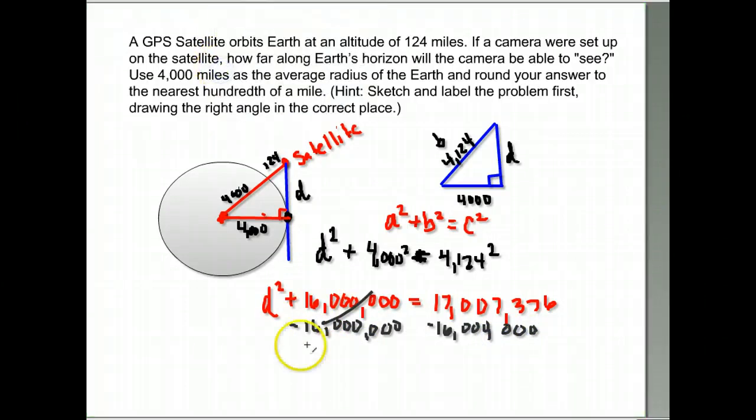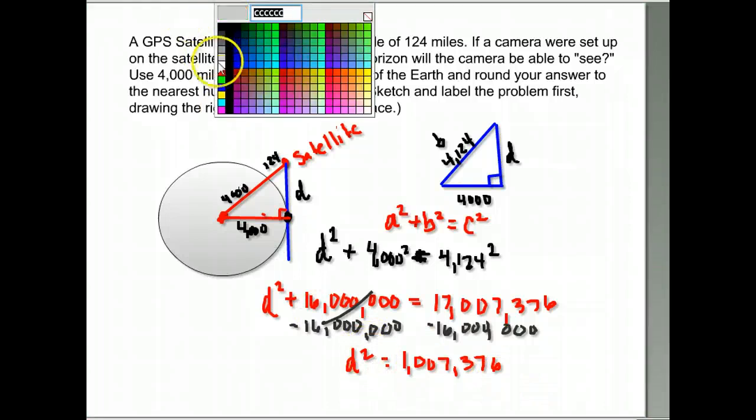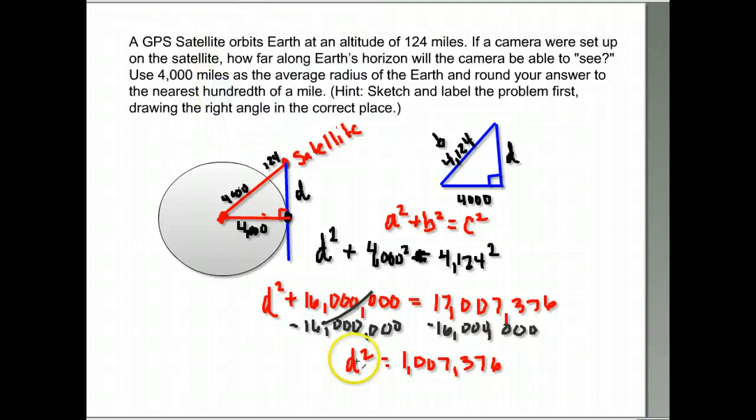That leaves me with d squared equals 1,007,376. We have one step left here, just one little step left. Get rid of the squared. To do that, you do the opposite of squaring and you take the square root of both sides.